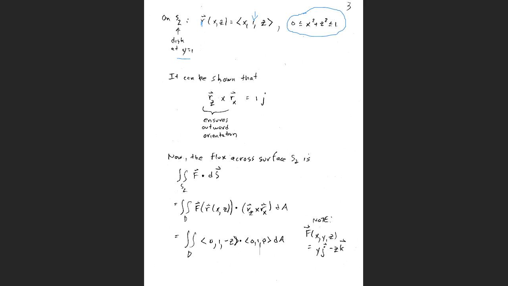Now you notice I didn't do rx cross rz, because if I did the cross product of rx with rz in that order, what would that give me? If rz cross rx gives you 1j, what would rx cross rz give you? Negative 1j. That's right, Robin.